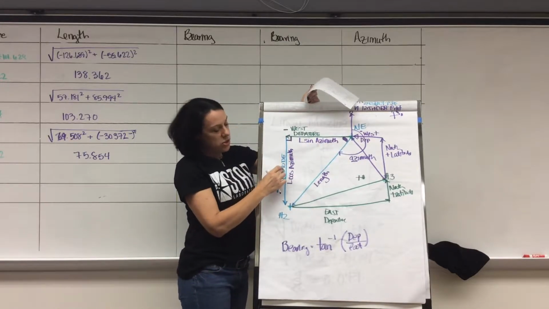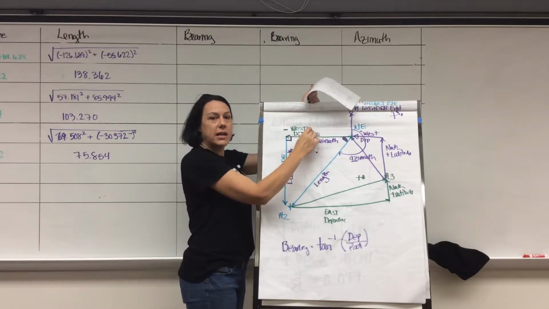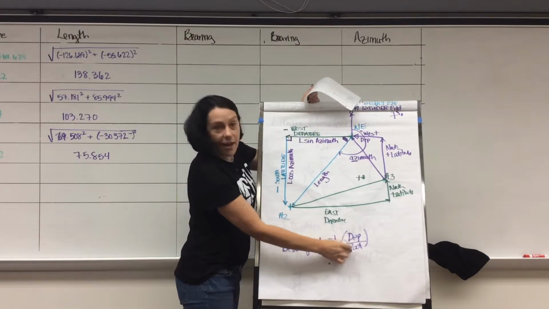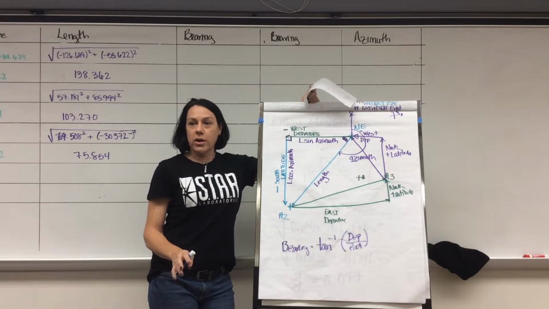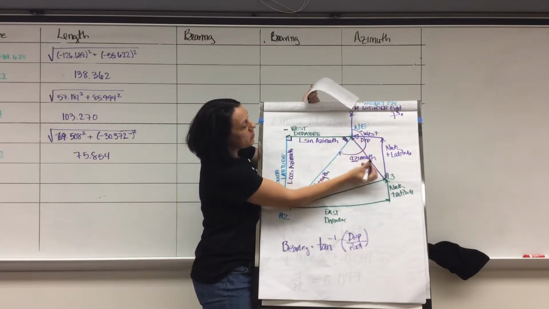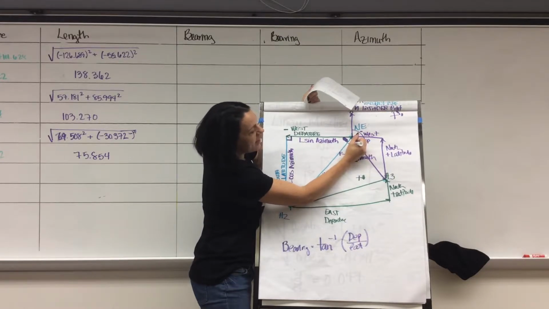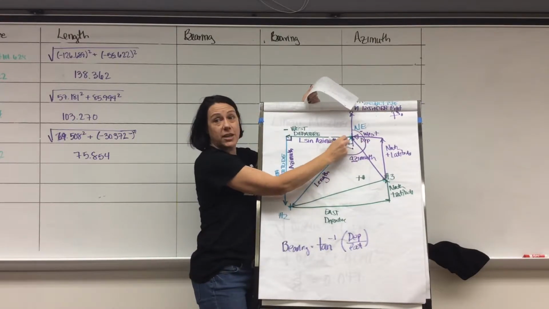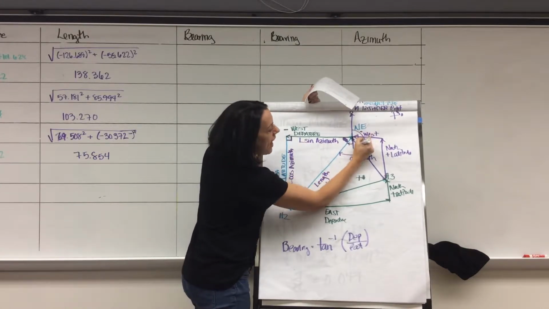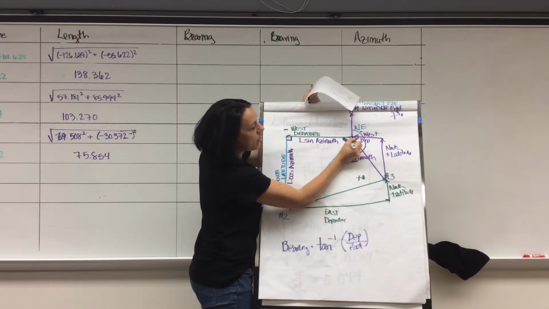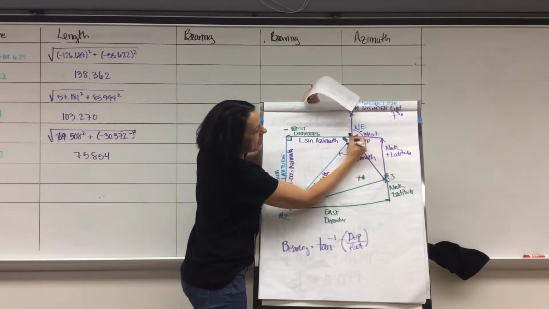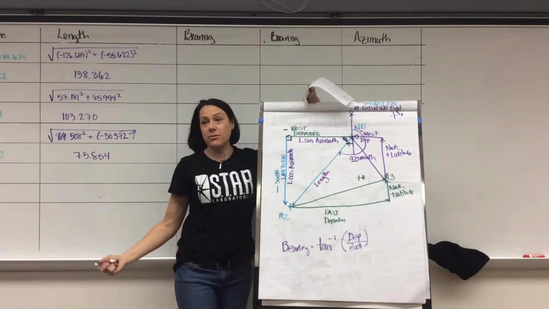So opposite should be latitude and adjacent should be the departure. Sometimes it doesn't work. So just be aware that when you're doing the bearings, you're finding it off of this line here, not this angle here. You're not coming off the east-west line. You're actually coming off the north-south line. So the opposite is the departure, and the adjacent is the latitude.